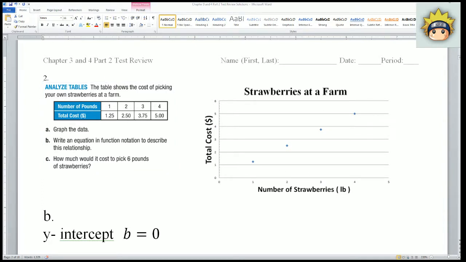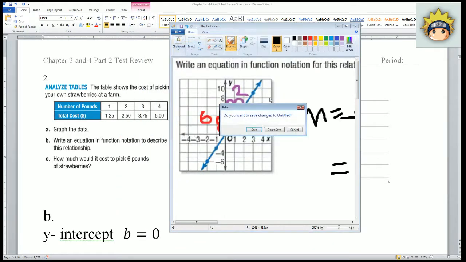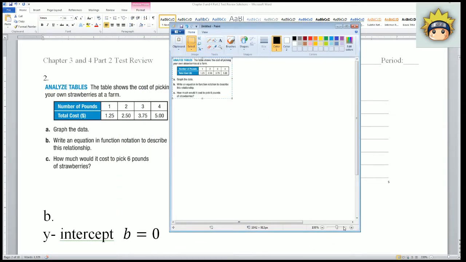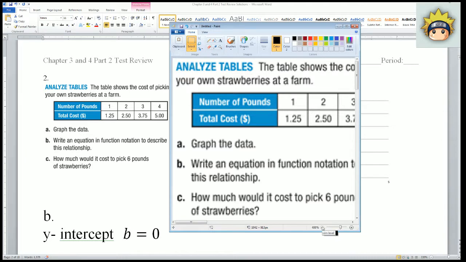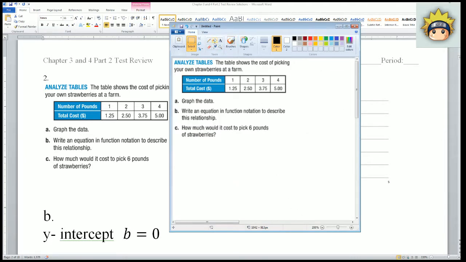Let me bring this back up. So how do I go from right here? This is y, and this is x. What is my change in y? How do I go from here to here? 1.25. How do I go from here to here?